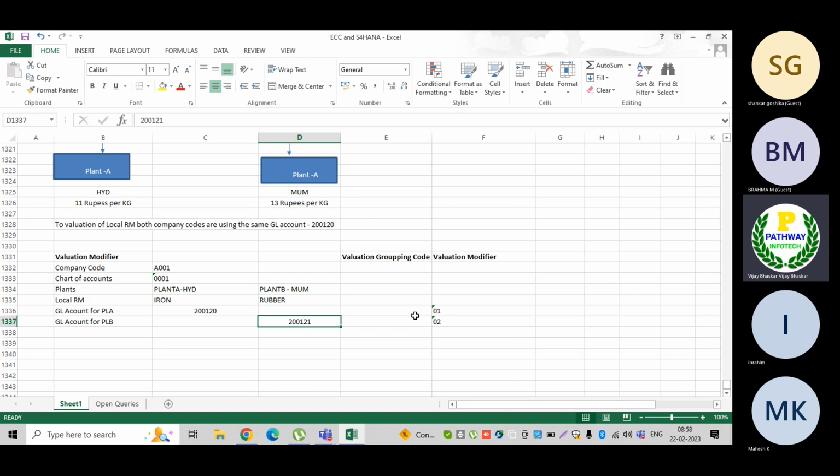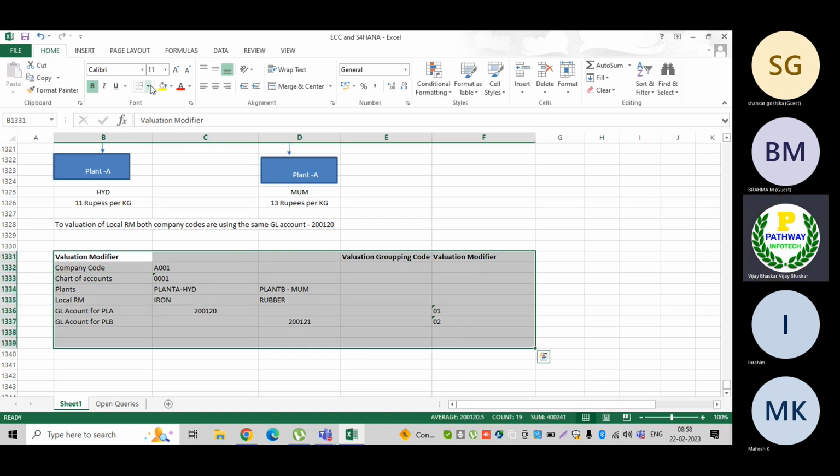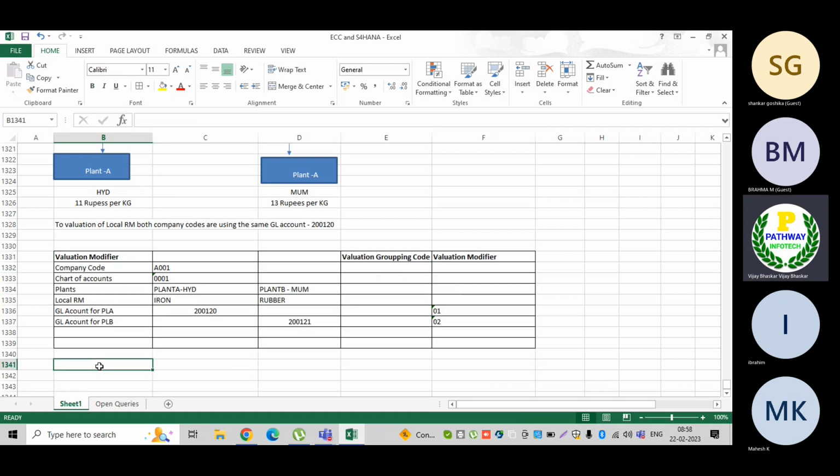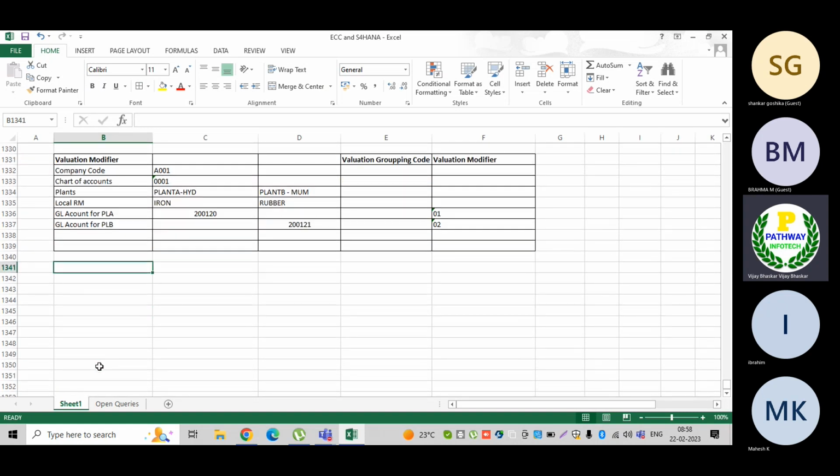In case I have the valuation grouping code, this is the valuation modifier I have explained, right? Let me explain the scenario for the valuation grouping code. The valuation area is nothing but your plant.